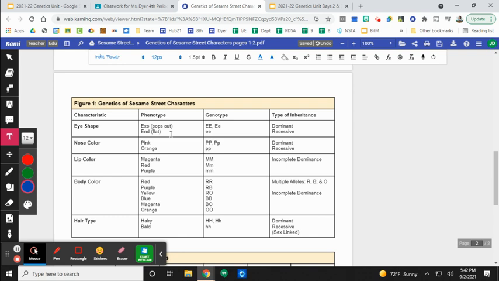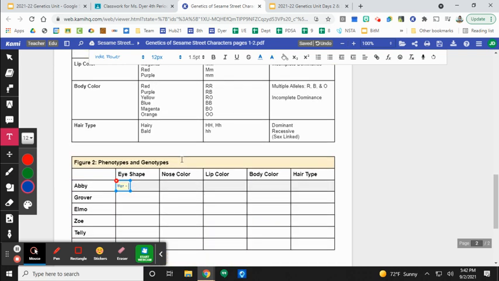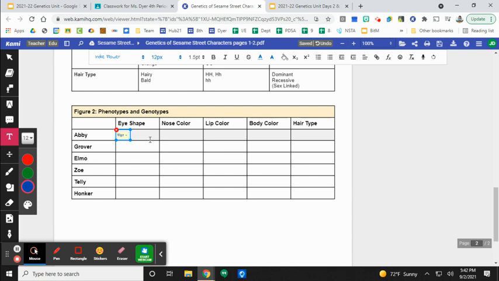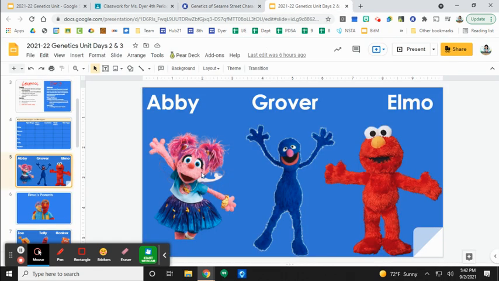So she's got flat eyes. That's the phenotype. So I'm going to write that in. And this tells me what the genotype is. So this is called homozygous recessive. Homozygous recessive. We're just going to write in the two lowercase e's. Then for her nose color, we'll take a look again at Abby.